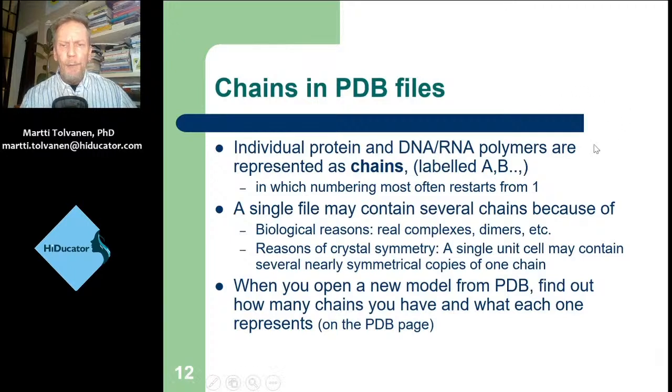The protein numbering usually restarts from 1, so with 2 copies of the BTK protein, we might have residue 5 in chain A and residue 5 in chain B. And why do we have several chains in one PDB file? The biological explanation might be that we have crystallized a real dimer of proteins or a larger complex, and so each part is then labeled as a separate chain.